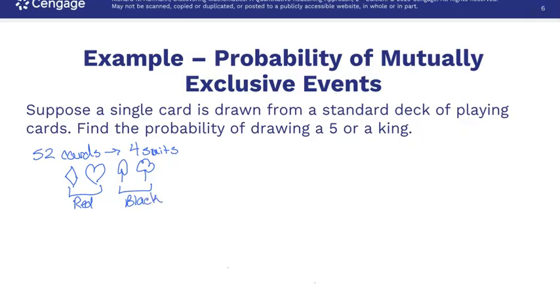And each suit will have an ace, a king, a queen, a jack, 10, 9, 8, 7, 6, 5, 4, 3, and then 2. King, queen, and jack are called face cards. So let's say we want to find the probability of drawing a 5 or a king.